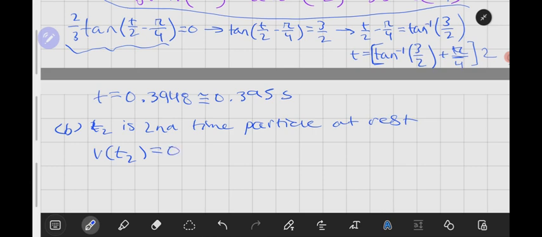What we're essentially saying is that for our velocity equation, we can equate it to 0 and then evaluate for t.